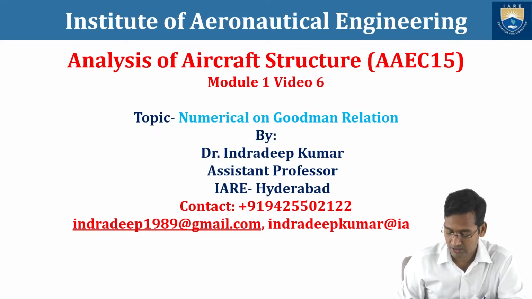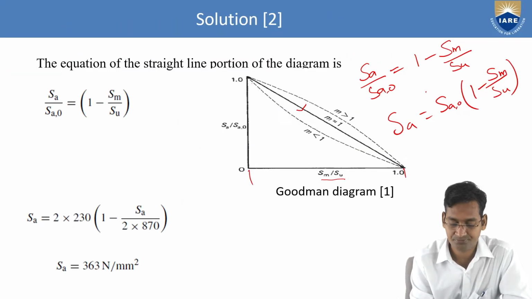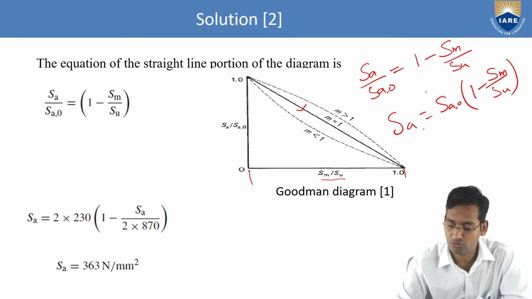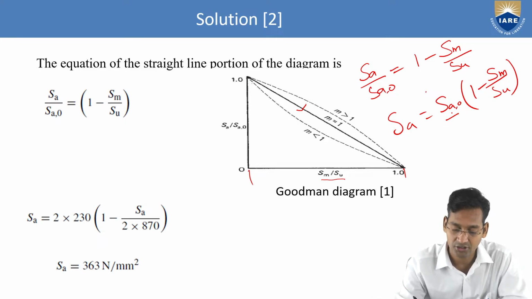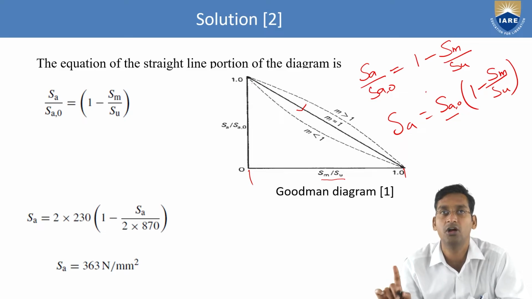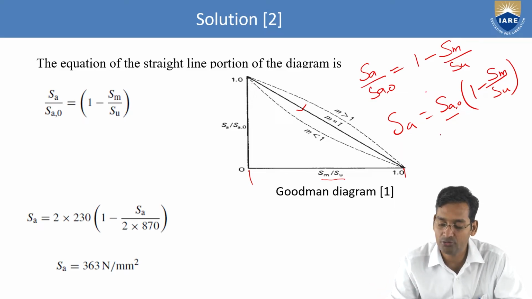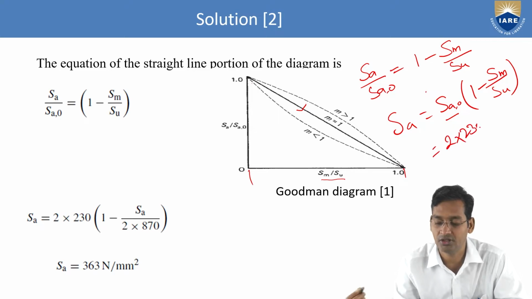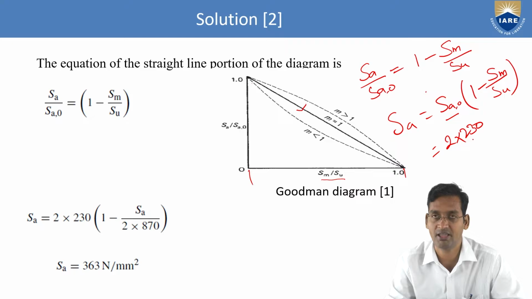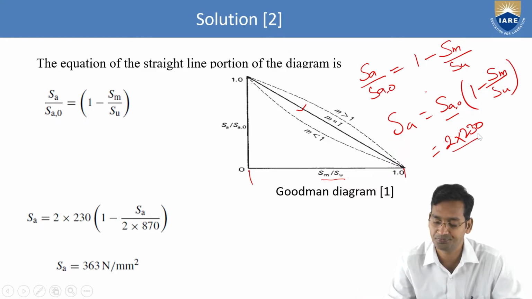Now, what will Sa naught be here? Sa naught is given in the form of a range. Range means from minus 230 to plus 230. Once you add, you will get 2 into 230.